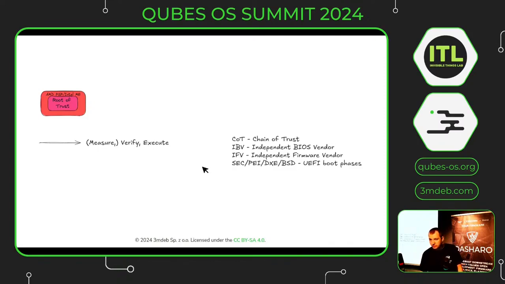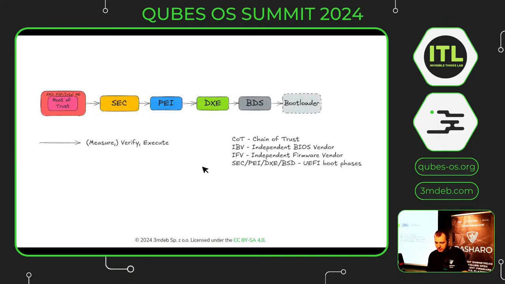So it starts in this coprocessor, and then there are phases defined by the UEFI specification. Of course, coreboot has alternative phases, U-Boot has alternative phases, but it's almost the same responsibility. So there is the SEC phase, the PEI phase, I will not go deep into that. There is the DXE phase, BDS, and finally we can jump to the bootloader.